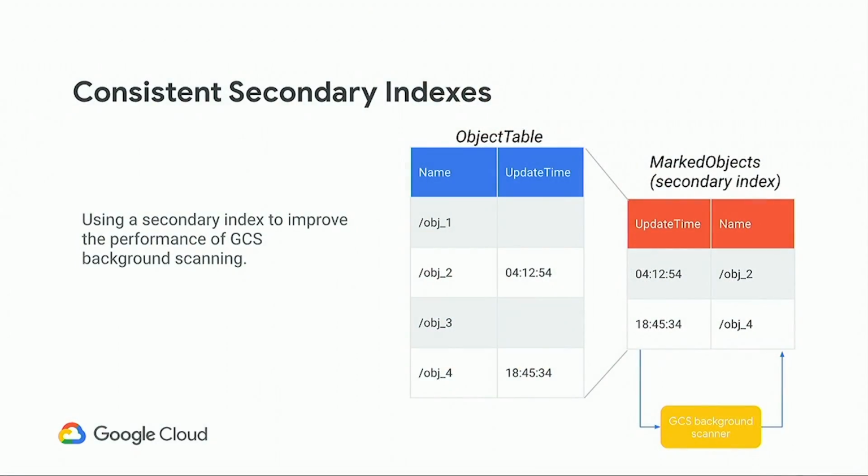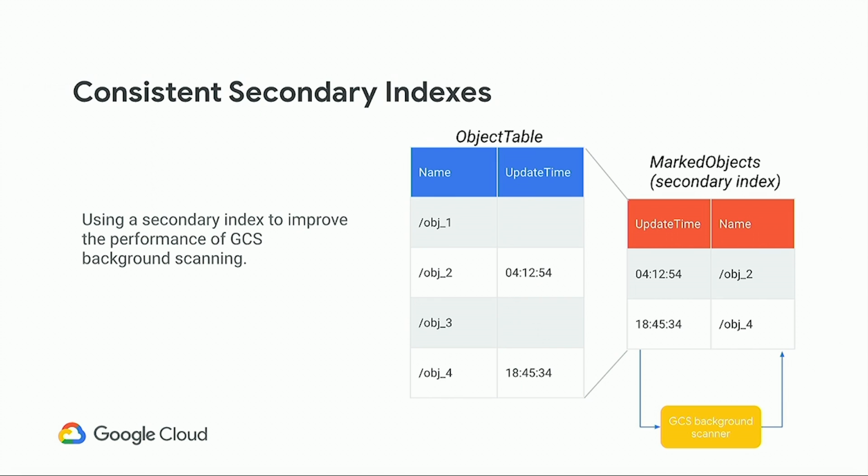In this example, we have an object table, and there's a column in that object table that represents the time at which an update was made to each object. It's only when these objects have been updated that the background scanner actually needs to pay attention to them.